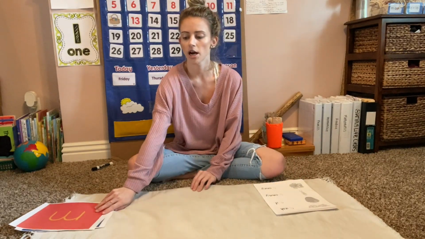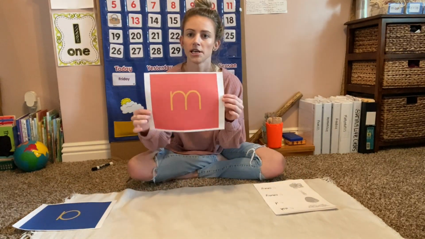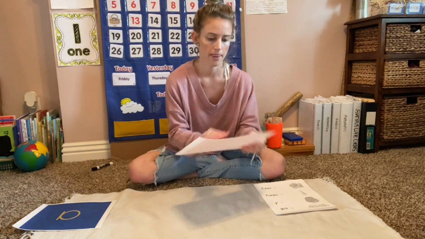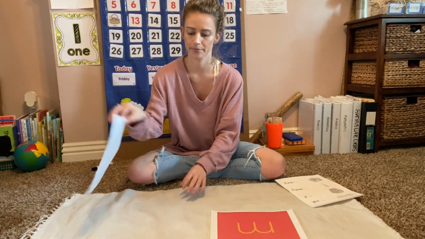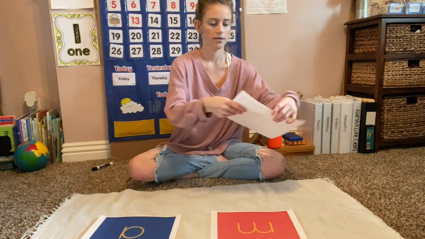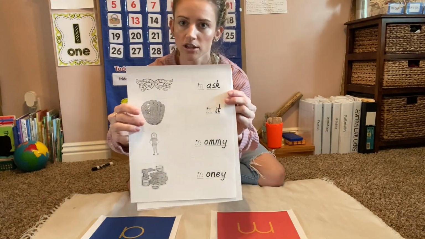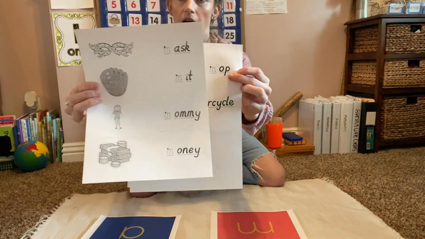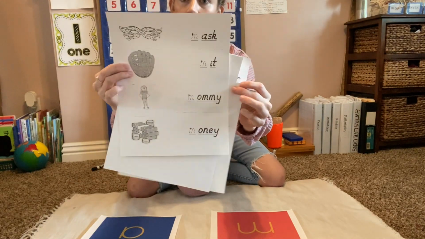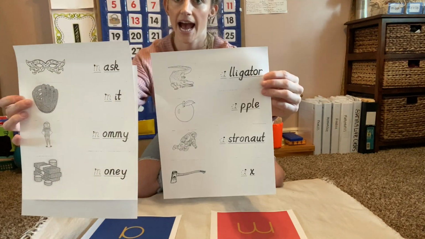Today, we are going to work with the sound ah and the sound ah. This is what the Sound Pouch work looks like on the Dropbox. I printed out the Sound Pouch work for ah and ah.